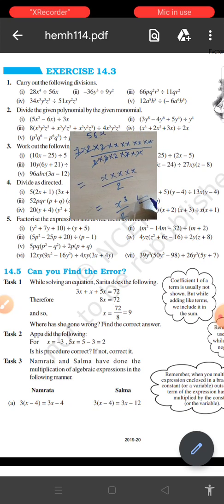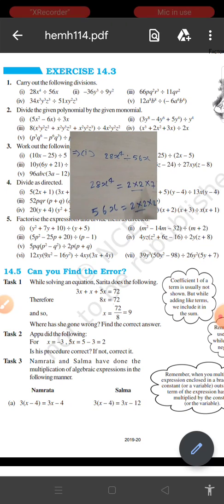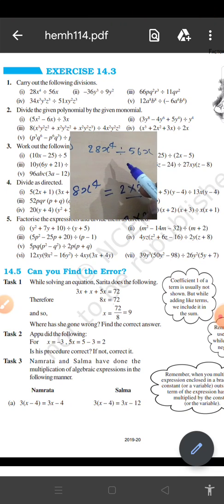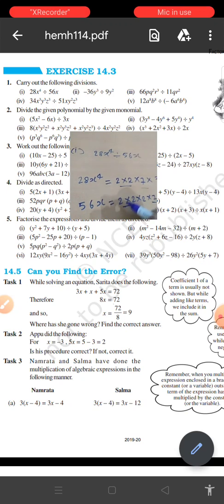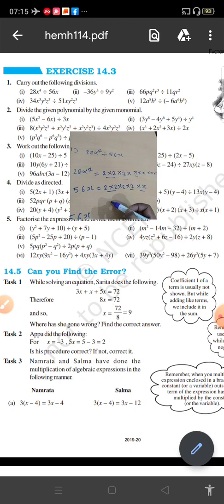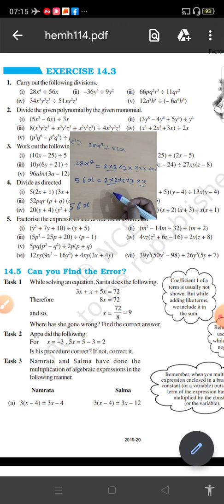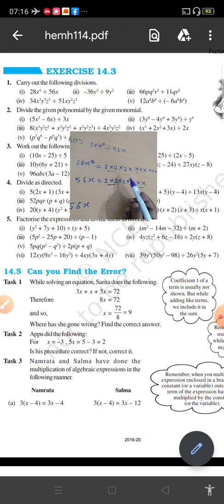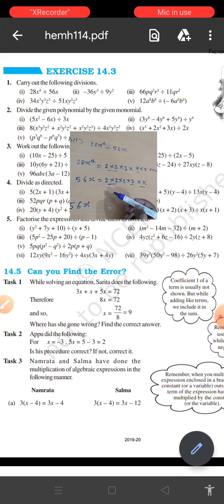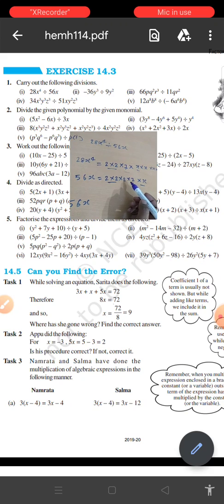Let's see it once more. You can see here, this is the given question: 28x power 4 divided by 56x. First we write 28x power 4 as a product of irreducible factors: 2 into 2 into 7, x into x into x into x. After this we write 56 as a product of irreducible factors. So we obtain 2 into 2 into 2 into 7 into x.